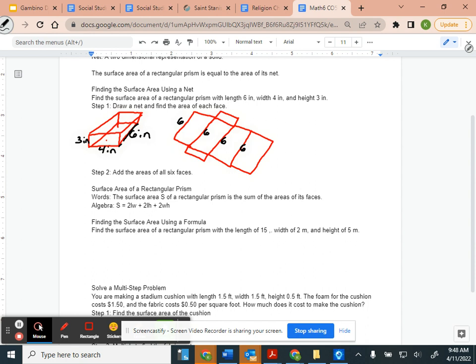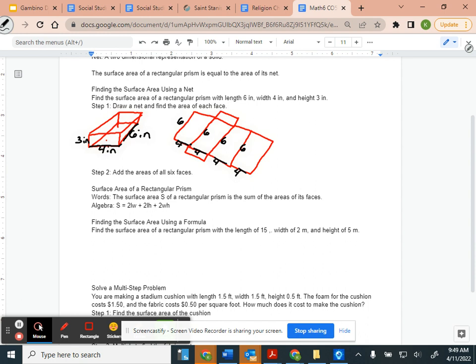What other measurement can I fill in? Zoe, the edges on the side, each edge on the side is 4 inches. Can I figure out my big rectangle's lengths right now? Yeah, because we know it's length times width.